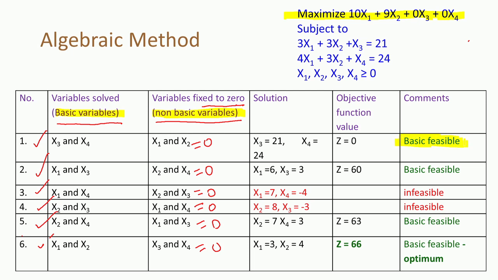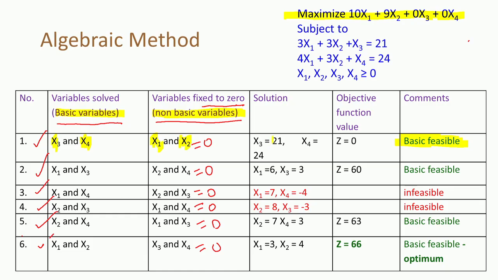So again, a solution is basic when we solve for as many variables as the number of equations. There are two equations, two constraints, we solve for two variables. The basic variables here are x3 and x4. The non-basic variables, x1 and x2, are set to 0.